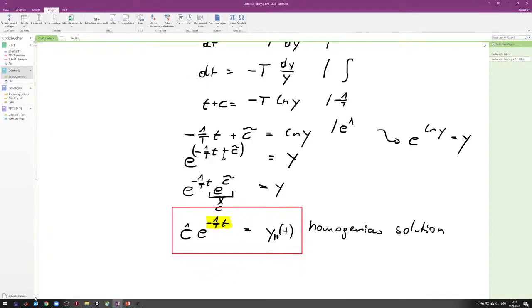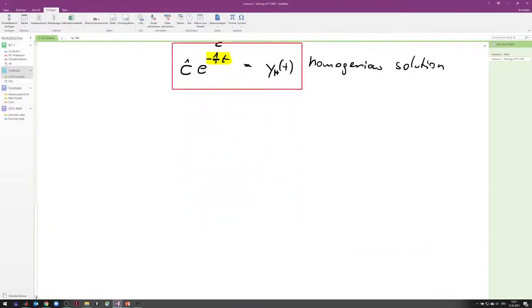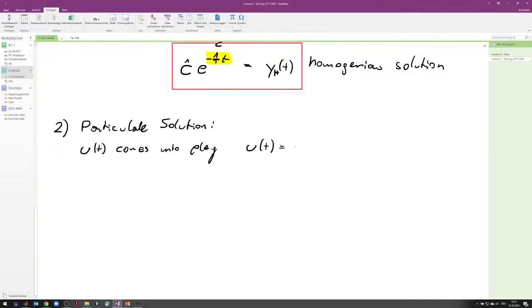Okay, scroll down a bit. Okay, so particular solution. So we know now that our input comes into play. And this guy simply is equal to 1. So it's the unit step, right?